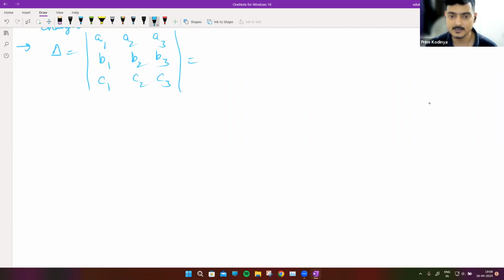So we are saying you can interchange any 2 rows or any 2 columns, whatever you want, but after interchanging, put a negative sign outside of the determinant. The sign of the determinant will always change.